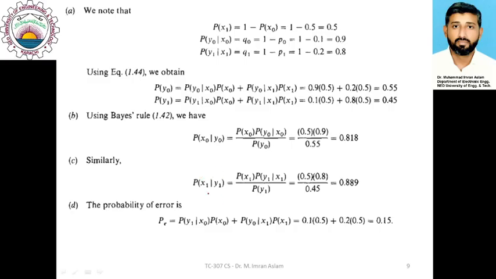Again, this requires reversing the condition, because we already know p(y1 given x1), which was previously shown. So we can simply use Bayes' rule to reverse the condition, and if we apply that rule, the probability comes out to be 0.889.